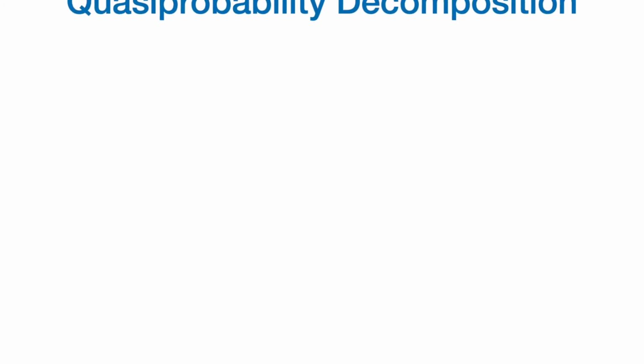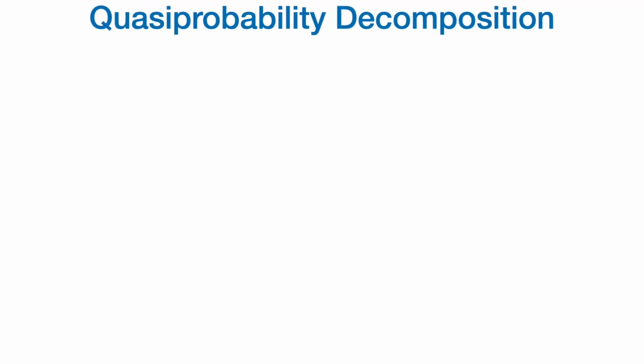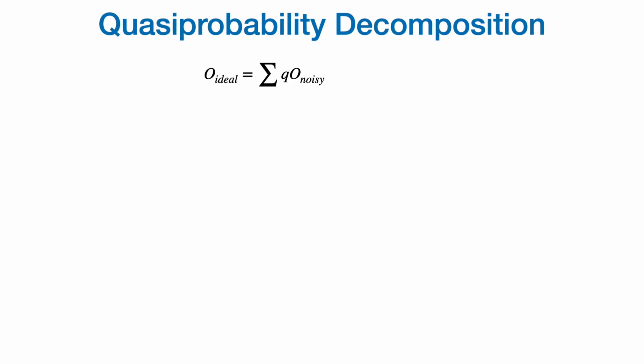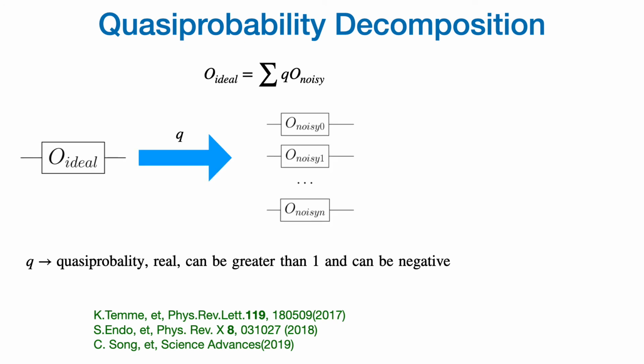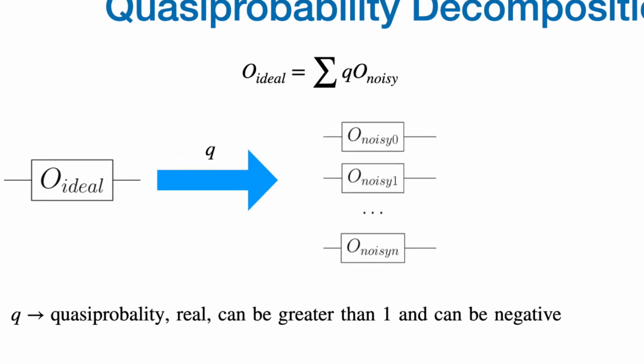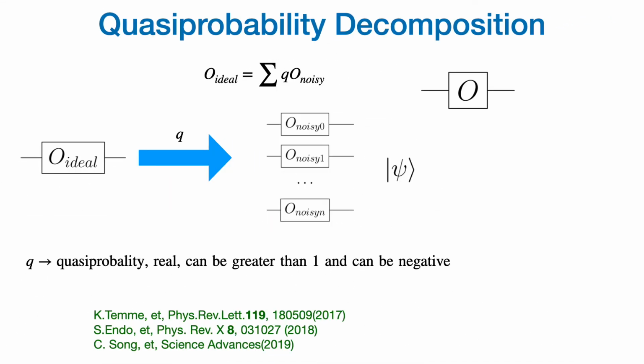A newer way recently brought up by IBM is quasi-probability decomposition. The idea is canceling error by resampling randomized circuits according to a quasi-probability distribution. This method is not limited to SPAM error. It can be extended to any errors.